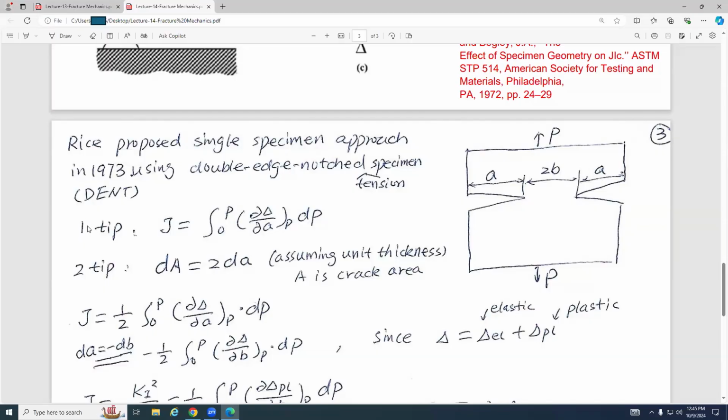For one crack tip, J is this, and this is displacement control. Delta changes with crack length. For two crack tips, dA equals 2dA, and we assume unit thickness. A is the crack area.